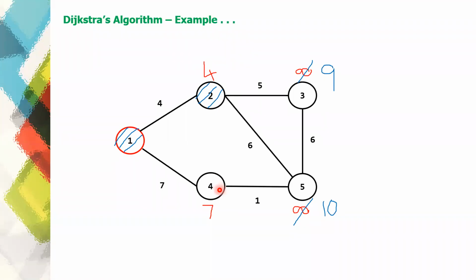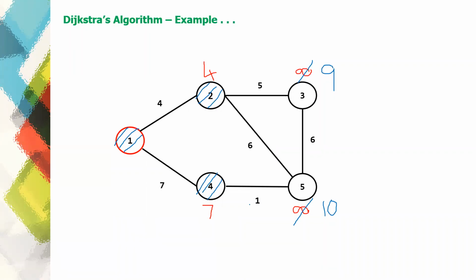Select the one which has shortest distance. Now, the distances of the unvisited nodes are 7, 10, and 9. Select the node with the shortest distance. That is, I am selecting node number 4.